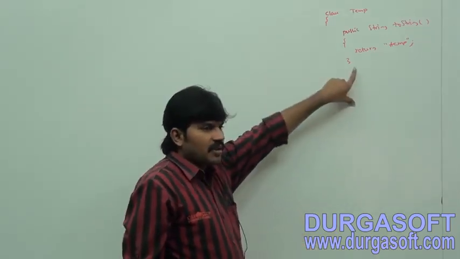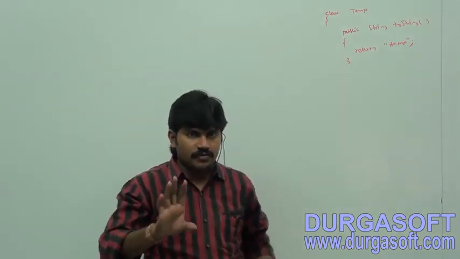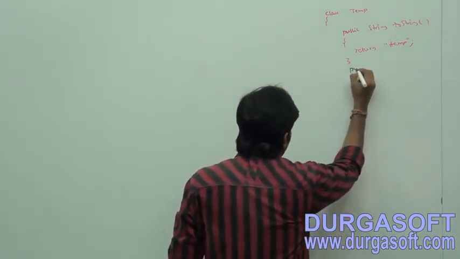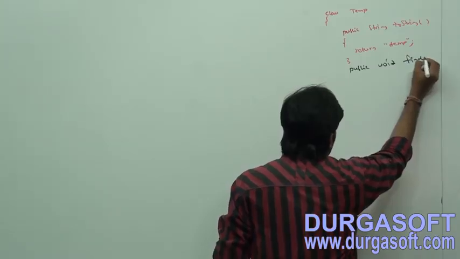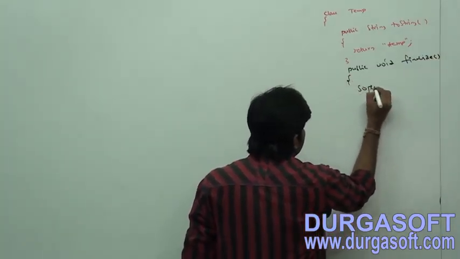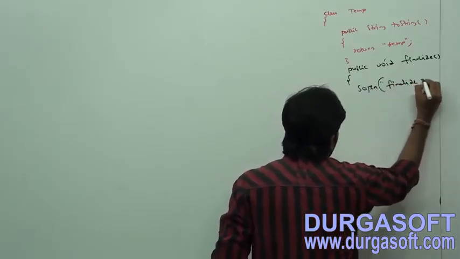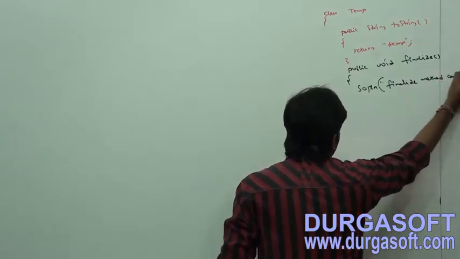Let me keep the finalize method also, so that we can get confirmation whether the Temp object got destroyed or not. That's why I am writing public void finalize, System.out.println("finalize method called").